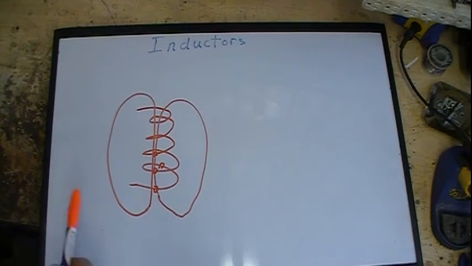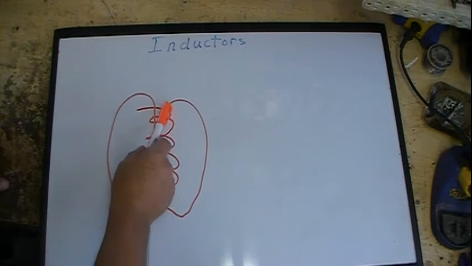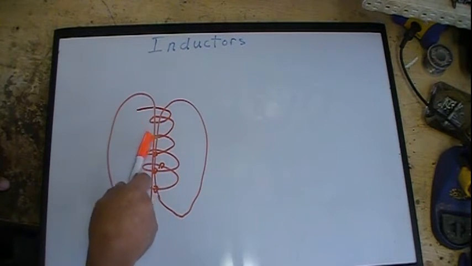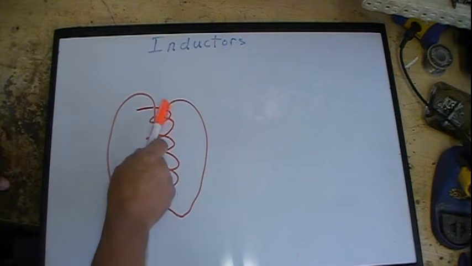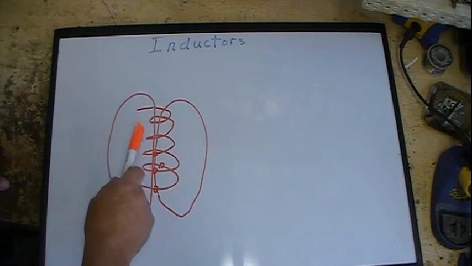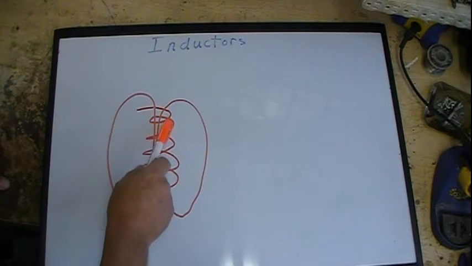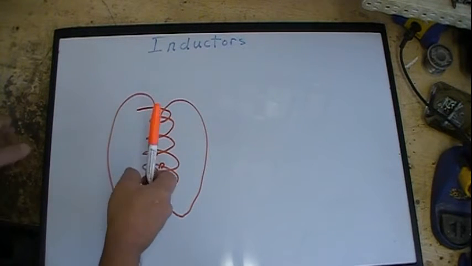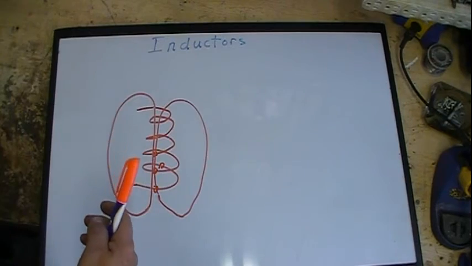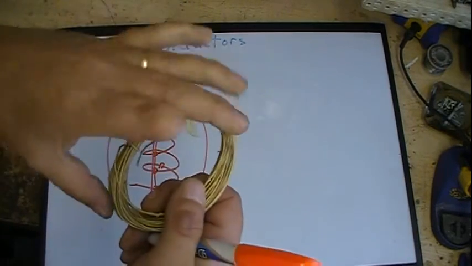Now, the other thing: inductance will increase or decrease with respect to the number of turns. Another thing that will affect it is the diameter of the coil. How big around is it?